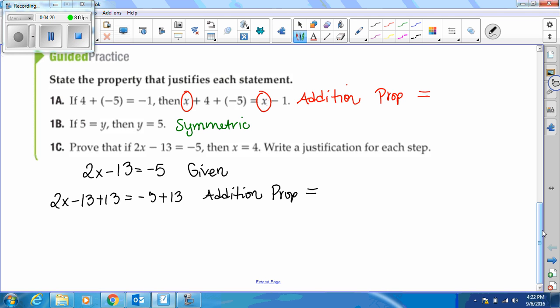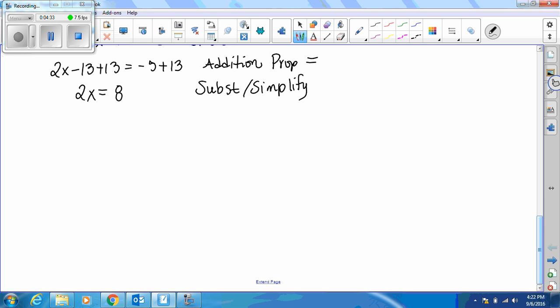And then we would simplify that and say 2x equals 8, and that is your substitution. Or we can write simplify. And then I'm going to skip a step here. We're just going to say what x equals, which we got to from the division property of equality.